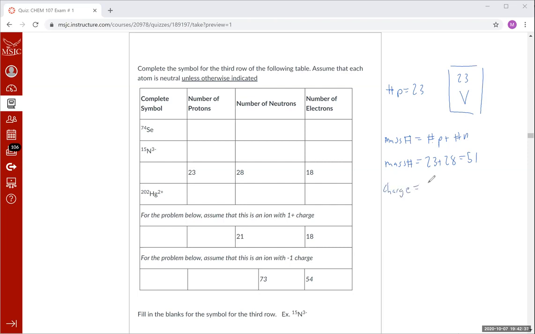For our charge, we take the number of protons minus the number of electrons, which gives us a charge of 23 minus 18, or plus 5. So we'd write our symbol, our mass number, our atomic number, and then our charge. This would be a complete symbol for this vanadium isotope. Does that make sense?